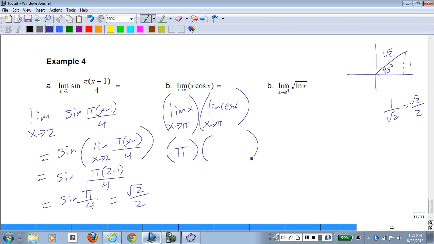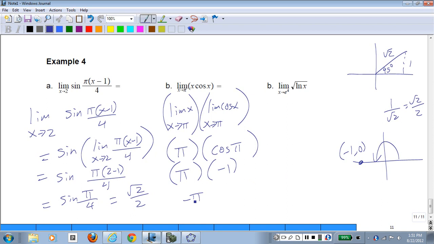And the limit of cosine x as x approaches pi is the cosine of pi. What's the cosine of pi? Negative 1. So negative pi is what we're looking at for this limit.